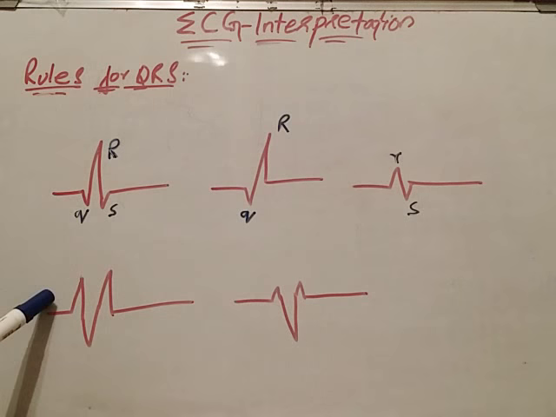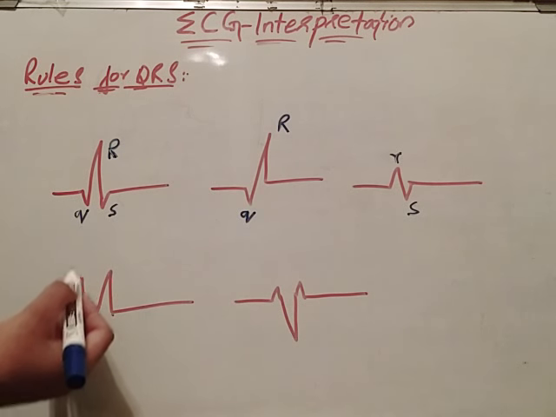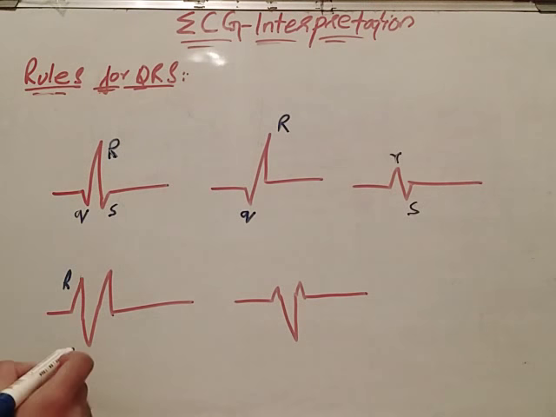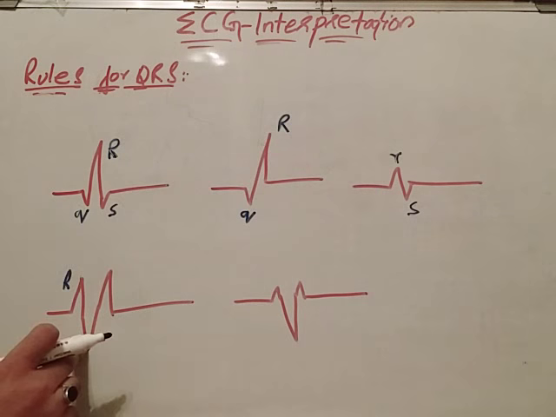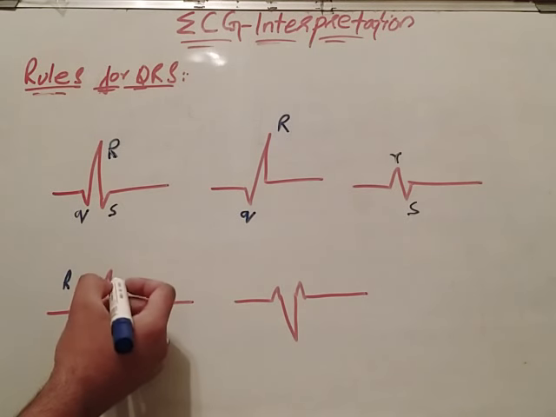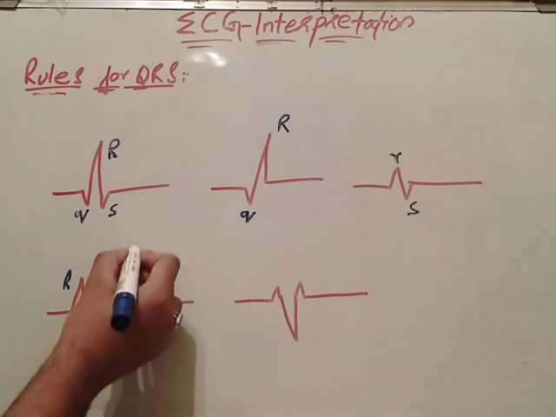In this case, all three waves are large waves. The first positive will be R. The first negative after R will be S. And the second positive after S would be R prime.